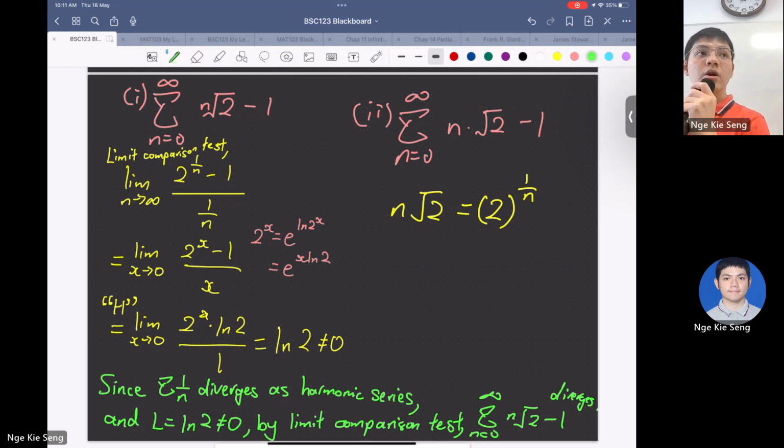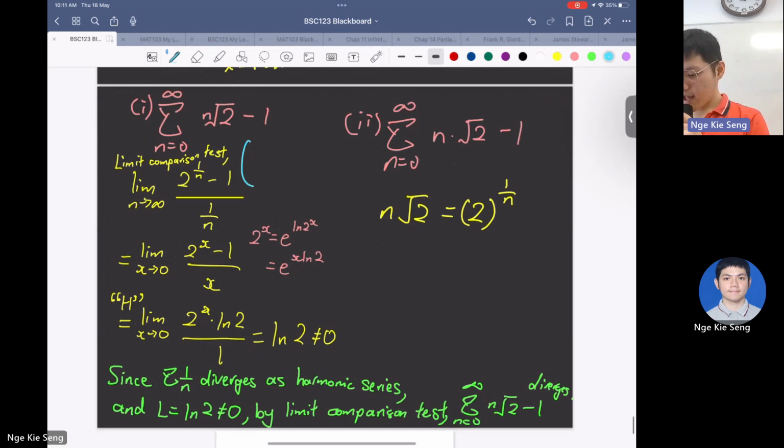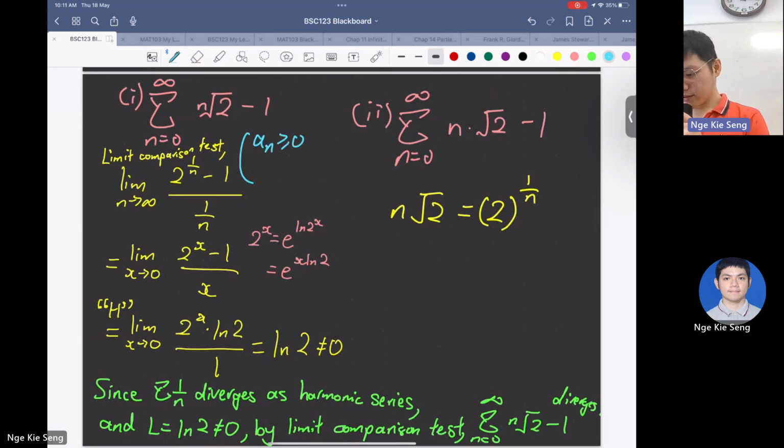What do you mean? Bn, what's the limit comparison test? So let's recall here. For the limit comparison test, you need to make sure An is greater or equal to 0, and Bn is greater or equal to 0. And then you need to check the limit of these two. Do we need to take modulus? No need, right? Because both of them are already positive.